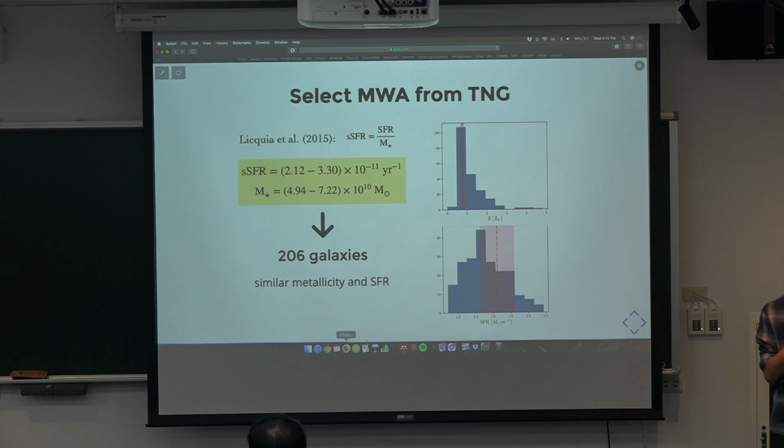The metallicity plot is on the right, the upper one, and the gray vertical line here is the measured metallicity of our own Milky Way. The bottom one is the star formation rate, and again the vertical shaded area is the measurement from our own Milky Way.